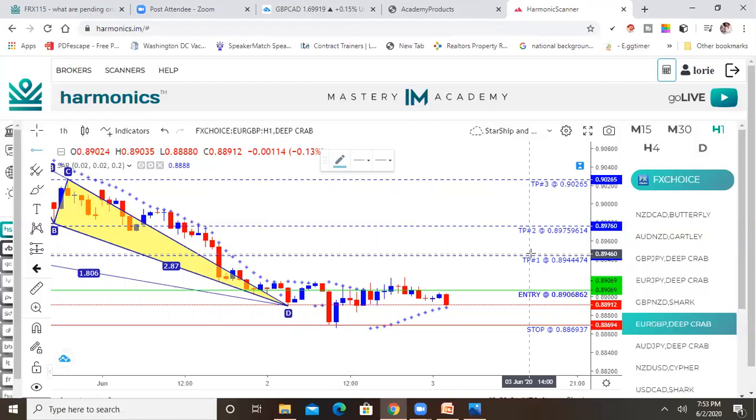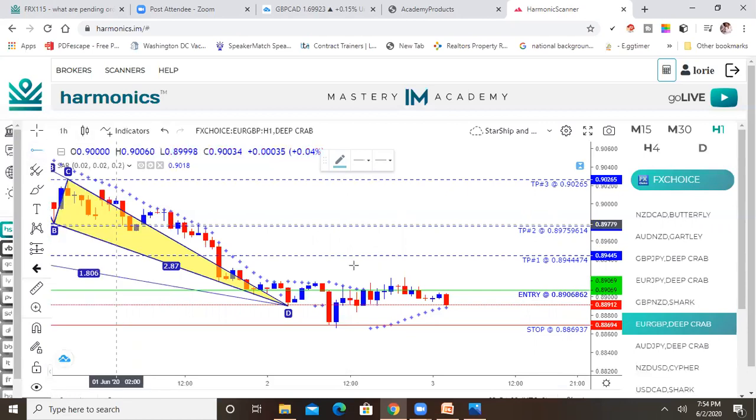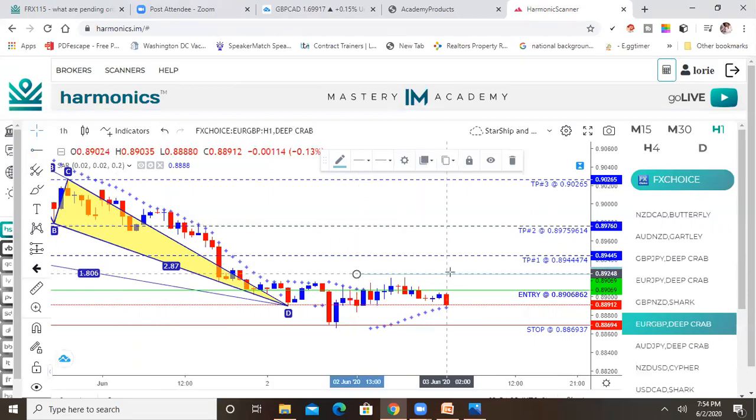It's chilling. So what I may do, if this was one of the pairs I wanted to put in, is look a little closer to where the first take profit is, and go about 20 pips down. That's it. I'm going to put my entry at about 89.24, here's my horizontal line. I will wait for price to get at least up to here.